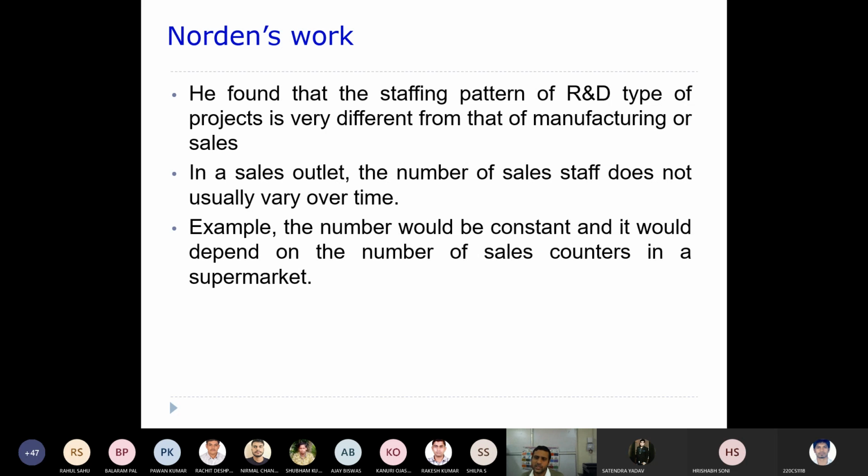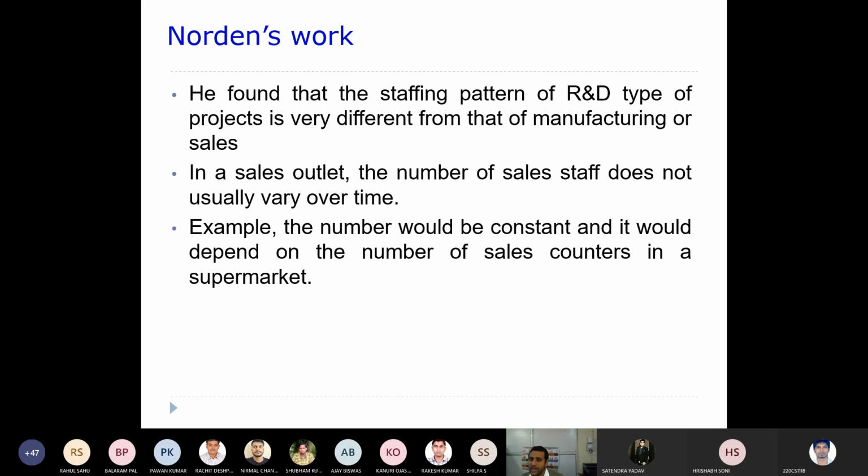So on the first floor there will be 10 people, okay, 10 staff are required. For the second floor, another 10. Third floor, another 10. Okay, so now these 30, once recruited, unless one leaves that particular job, the number of staff required is the same. It will not change over time.